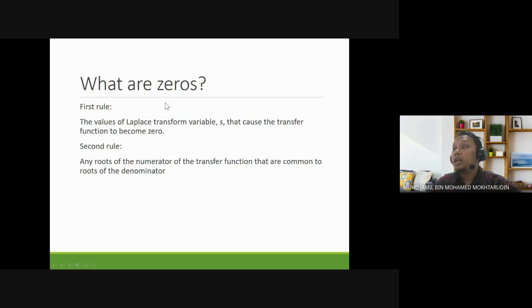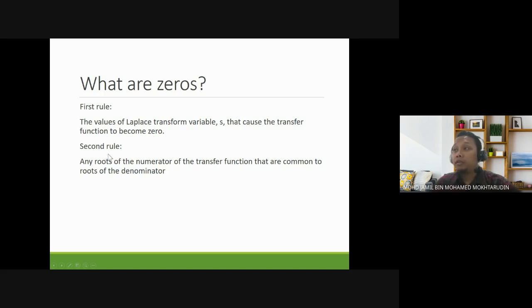Next, what are zeros? The first rule for zeros is that it is the value of s that causes the transfer function to become 0. Poles, just now, are the values of s that make the transfer function become infinity, but zeros are the values of s that make the transfer function become 0.